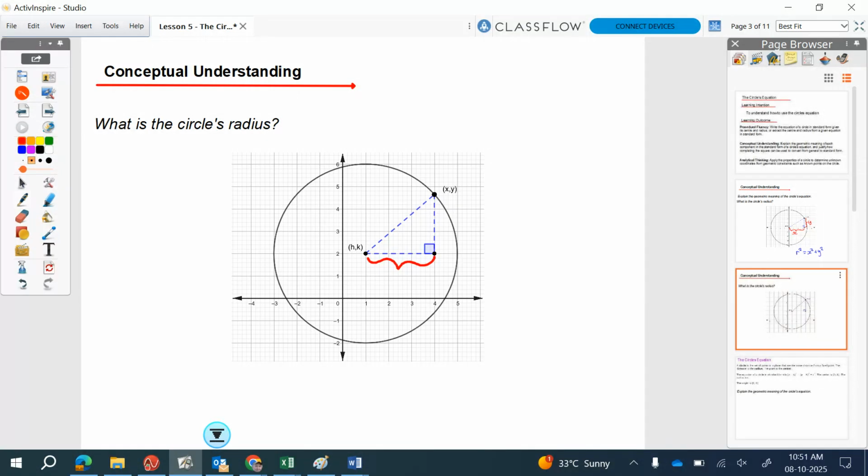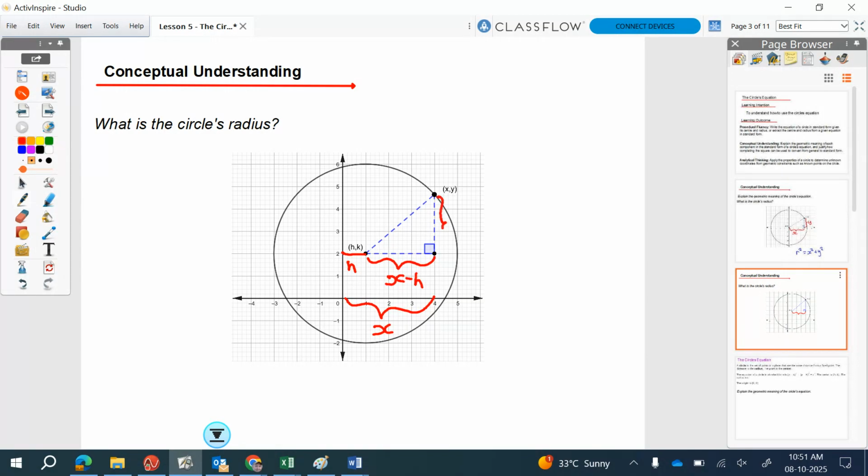Okay, let's see where this comes from. If I look at this length here, it is still going to be x, isn't it? And this length here is going to be how long? This is going to be h. So how long is the base of the triangle? This is going to be x minus h.